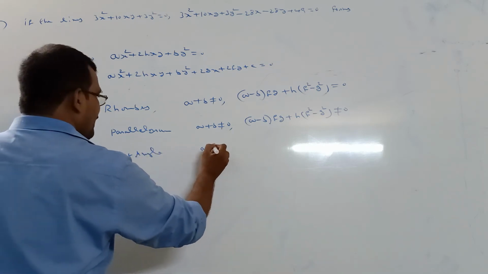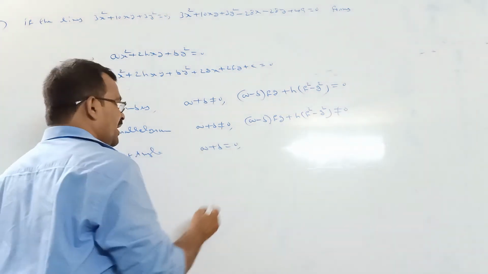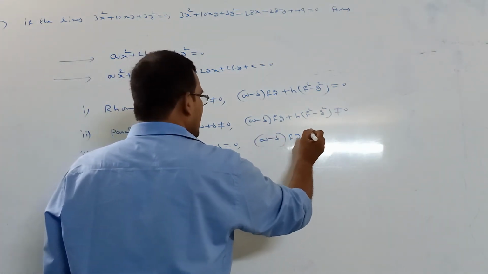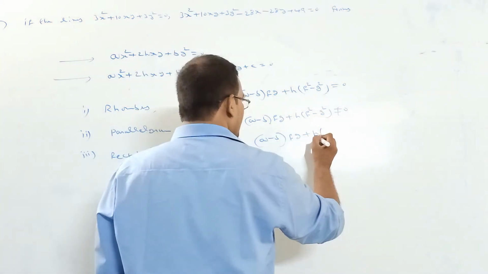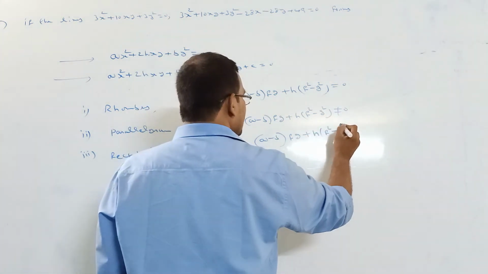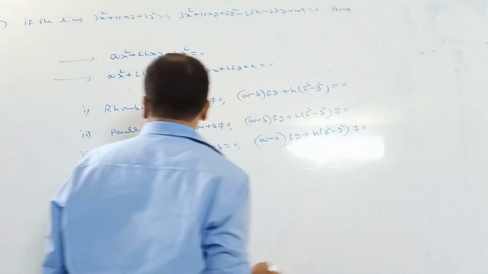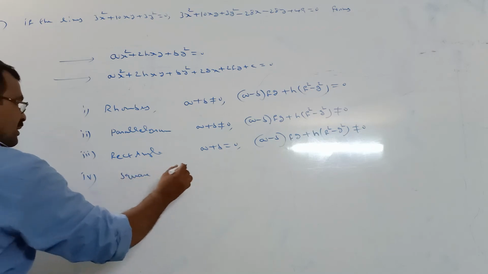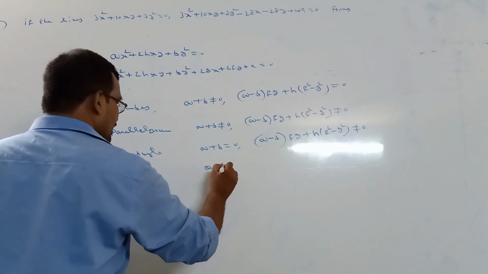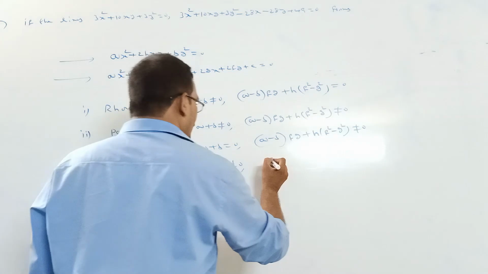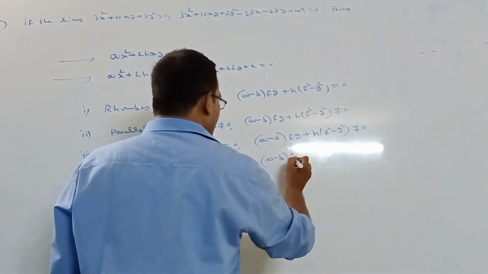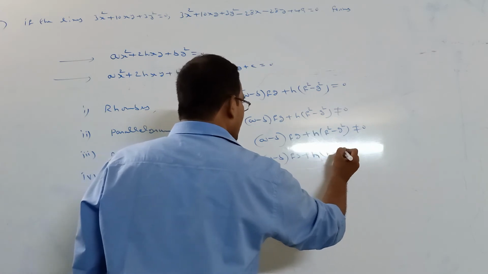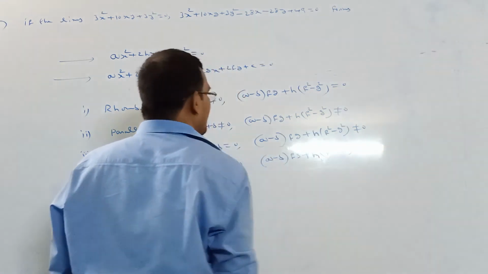In a rectangle, the lines are perpendicular, so a + b equals 0, and (a − b)fg + h(f² − g²) not equal to 0. In the fourth one, a square: a + b equals 0, and (a − b)fg + h(f² − g²) equals 0.